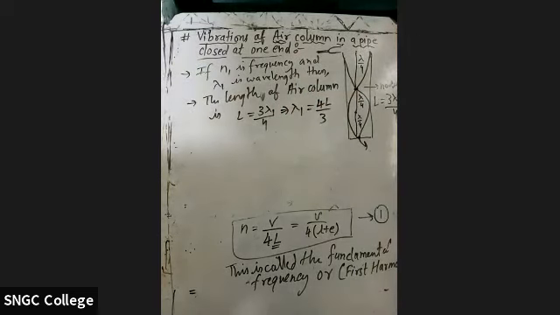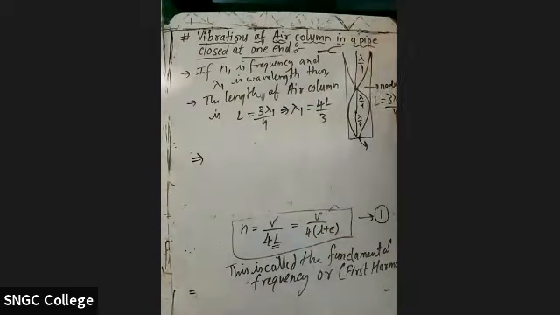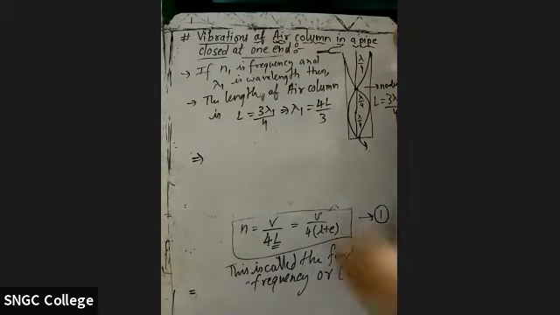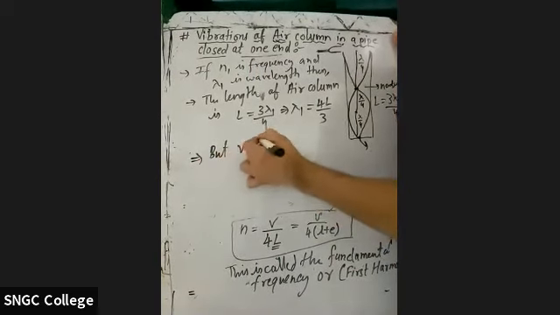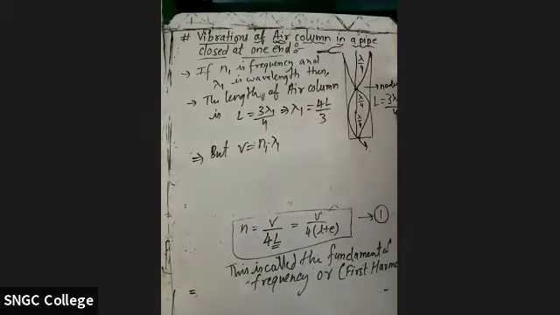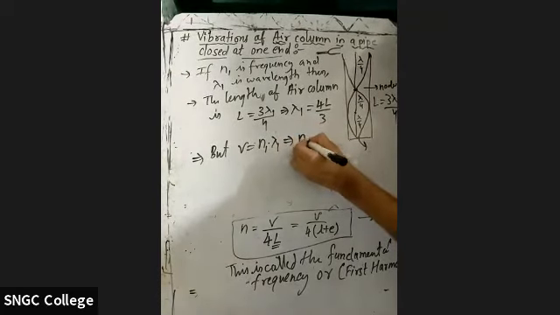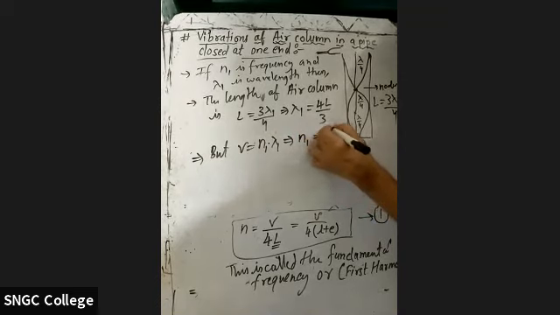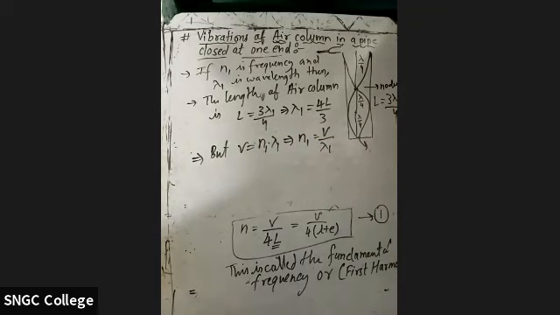So from here we can find the value of lambda 1 as 4L divided by 3. Now again we have to apply the formula for velocity. So we can write V equal to n1 into lambda 1. Correct? So from here we can write the formula for n1 as V divided by lambda 1. Now you have to substitute this value in this equation.